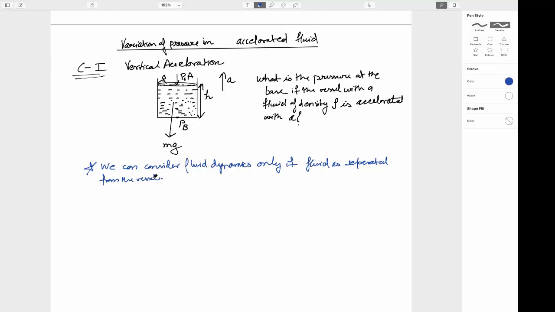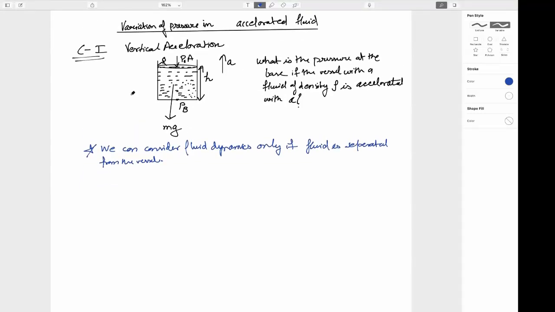But in this case, the fluid is not separated, and we are allowed to consider in a pseudo force manner that the fluid is at rest. So this topic will also come under fluid statics. Okay. So now we have to make the free body diagram.